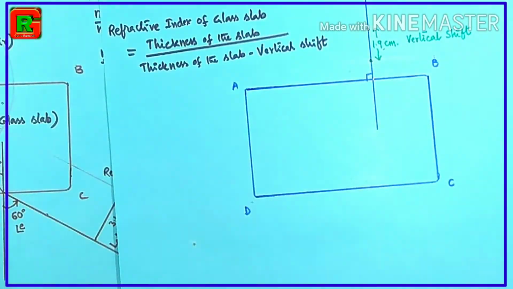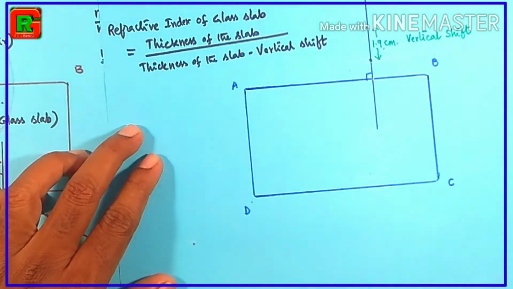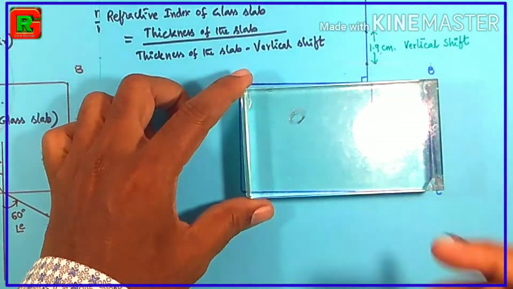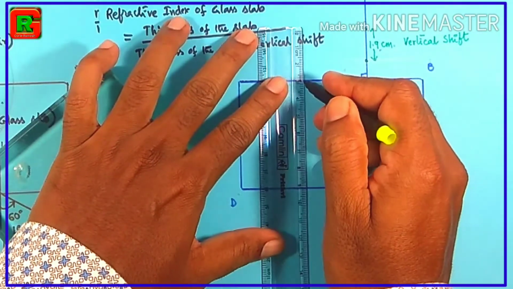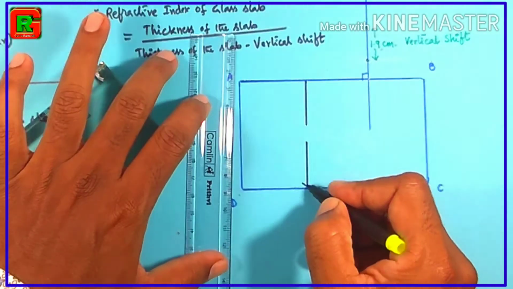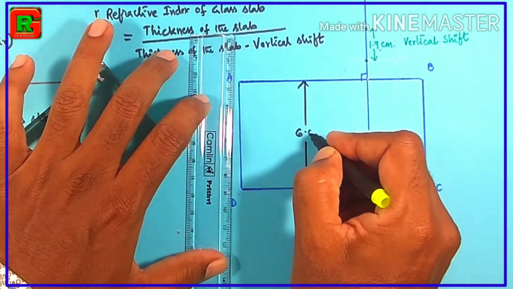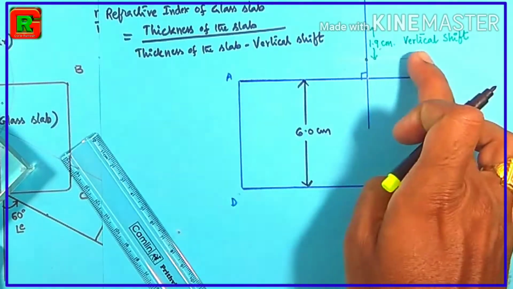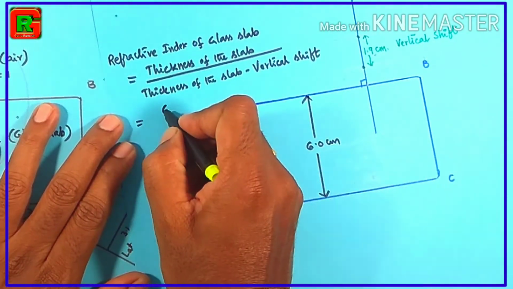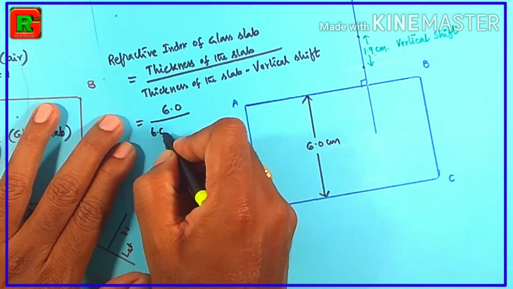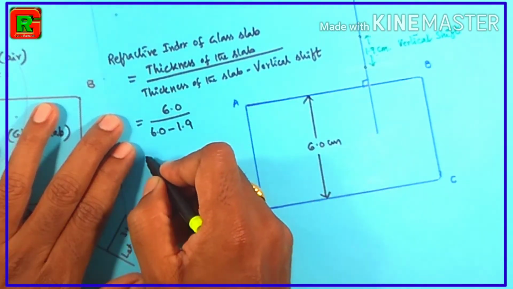Here the thickness of the slab is 6 centimeters. Already we know that the value of vertical shift is 1.9 centimeters. So put these values in this equation, we get 6.0 by 6.0 minus 1.9.